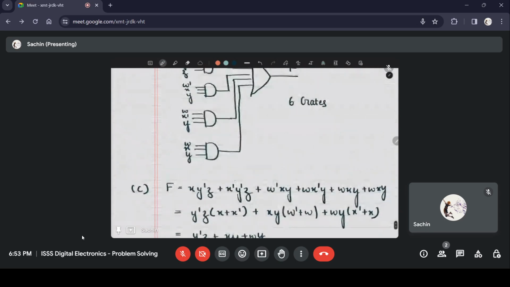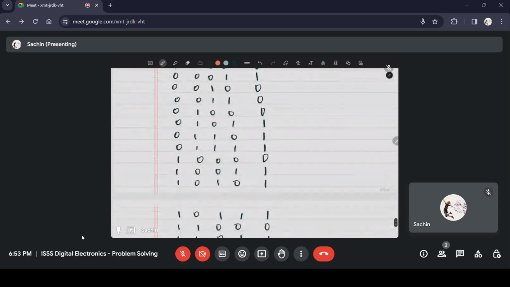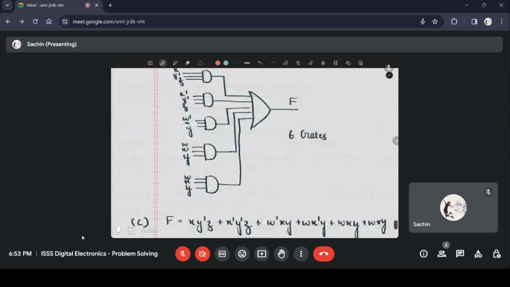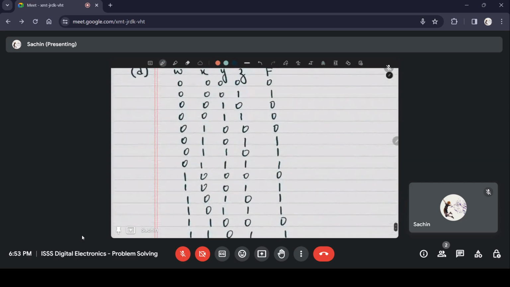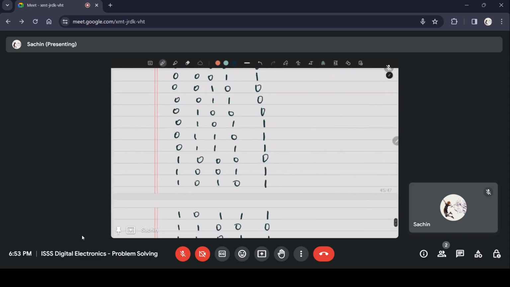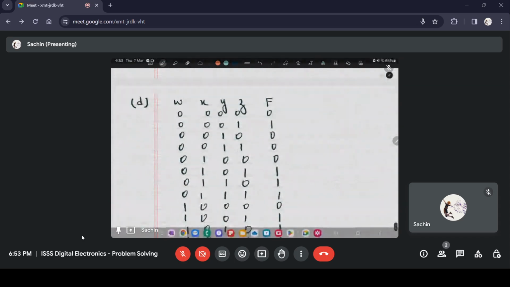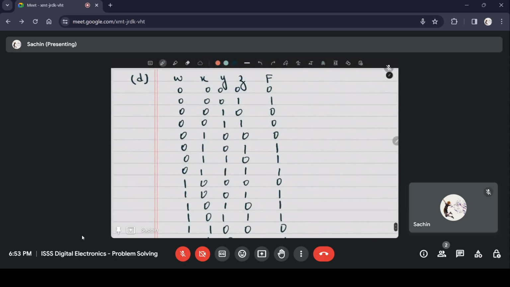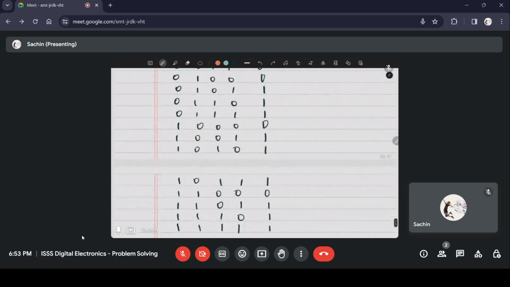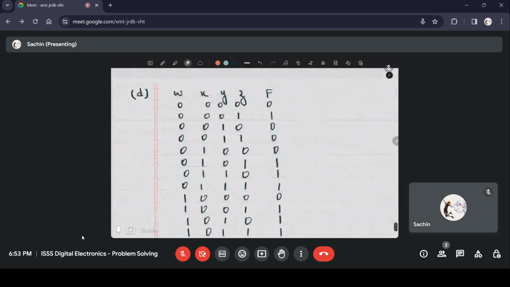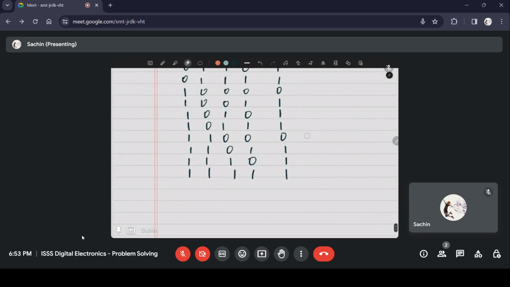So if you compare with the earlier truth table, 0 1 triple 0, 0 1 triple 0, and followed by 3 ones and a 0. Here also 3 ones and a 0, followed by 1 1 1 0, 1 1 1, 1 1 1 0, 1 1 1.